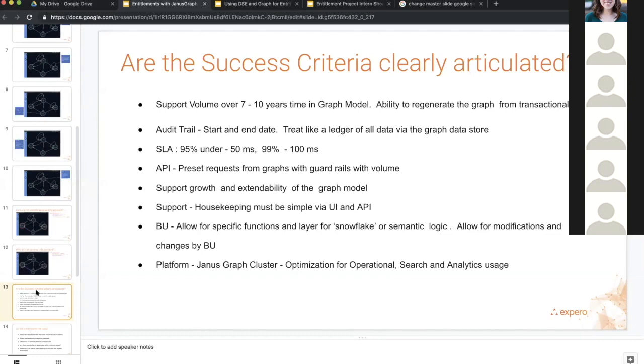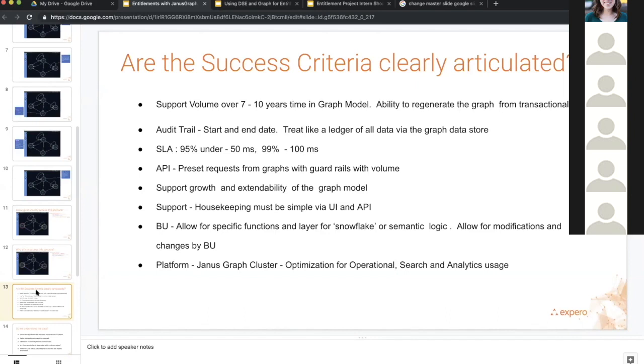And from an audit trail perspective, we also wanted to journal all of our transactions to the graph to a log-based storage, so that we could always regenerate the graph at any point in time, to guard in case there's an issue with the projection into the graph. Our SLAs were stringent.